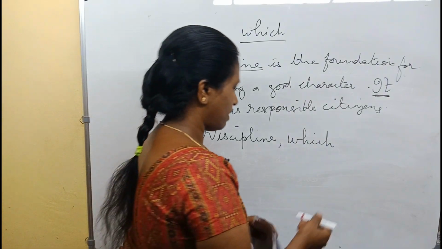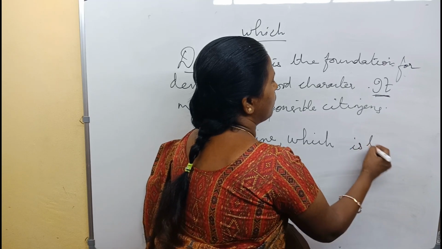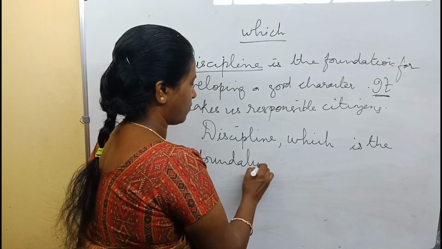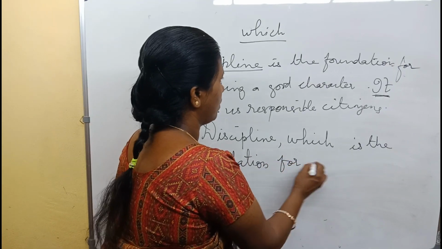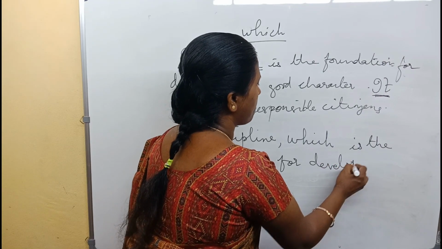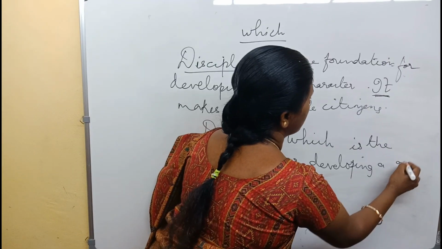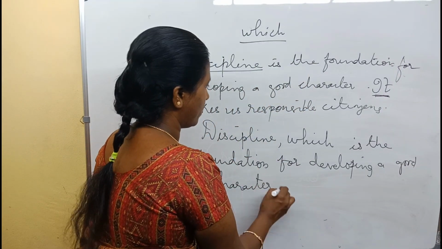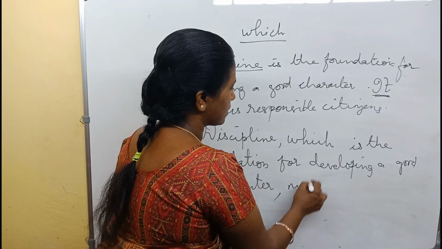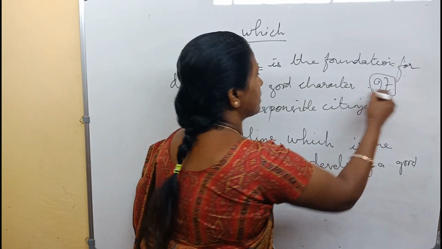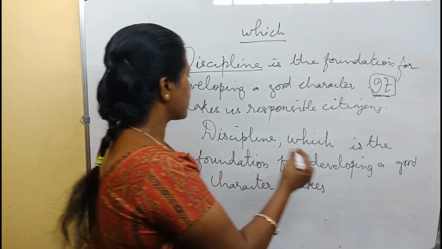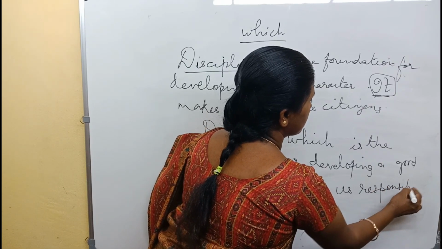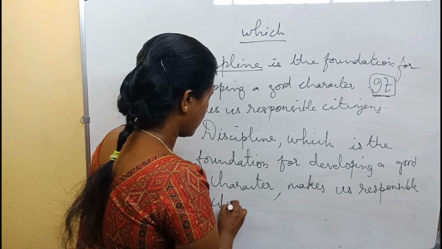Okay, discipline, which is the foundation for developing a good character, comma, makes us, now you should remove this it, we should remove it. Okay, makes us responsible citizens. Clear?